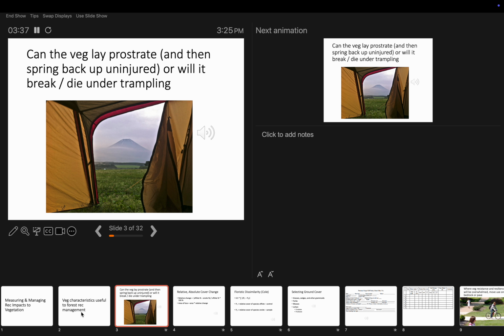So at a qualitative level, you're trying to figure out what general kinds of vegetation do I have where people are actually going. This requires a bit of, technical term is surveillance.